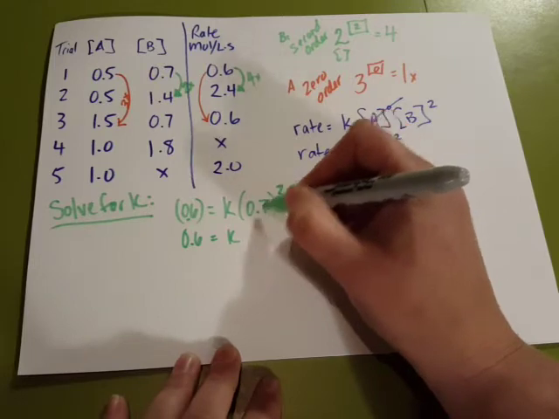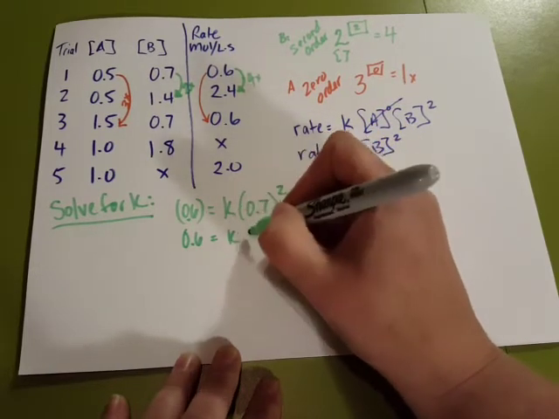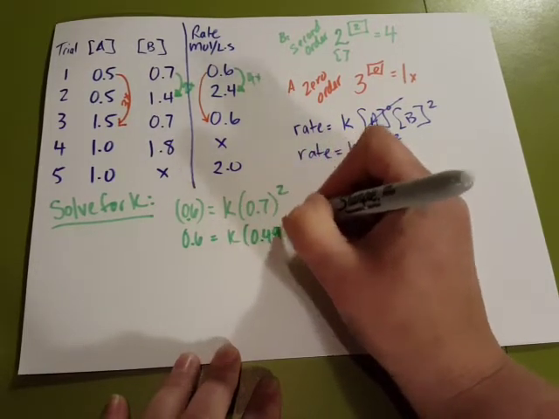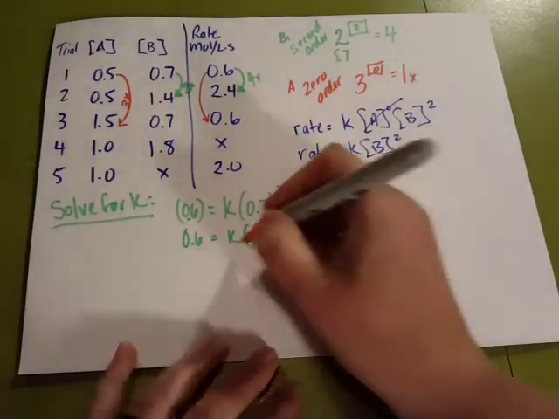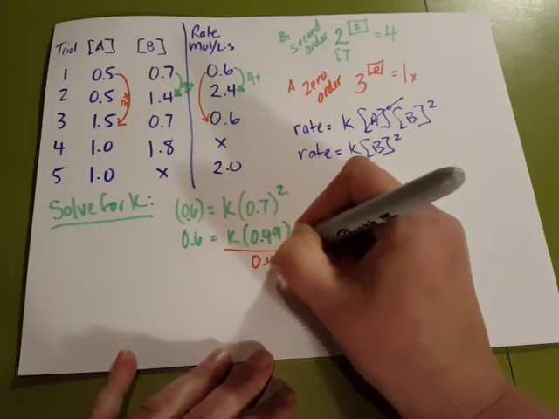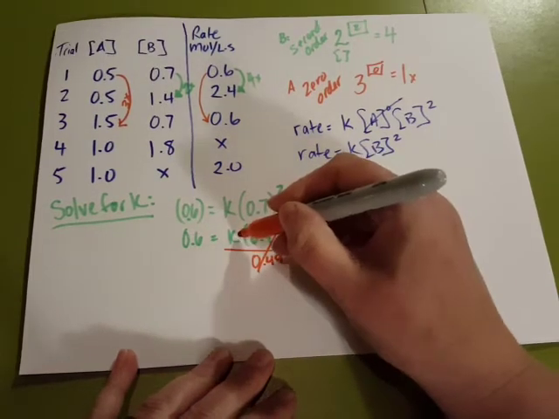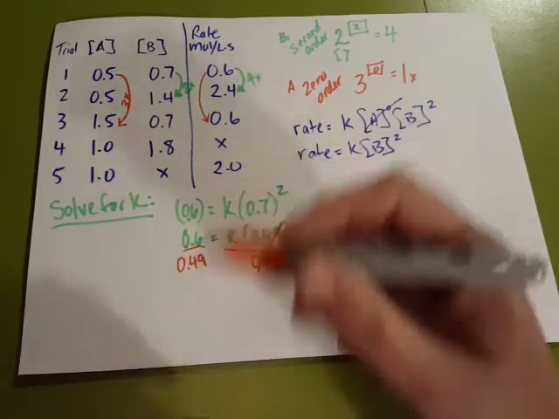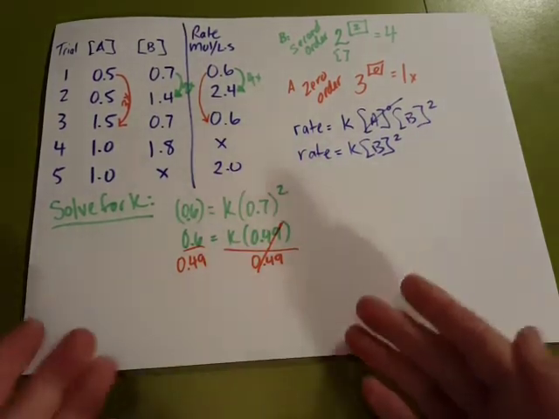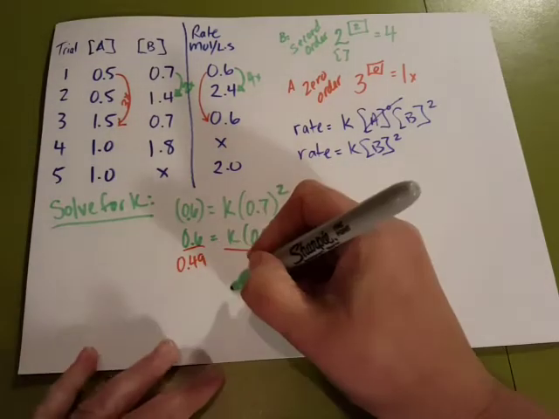It's not times 2, it's times it by itself. So we should have 0.49. In order to get K alone on one side, we're going to divide by 0.49. Instead of times, we divide. Always do the opposite operation, and make sure that it's balanced on both sides.